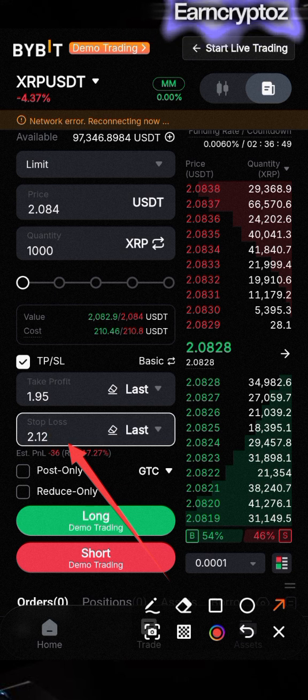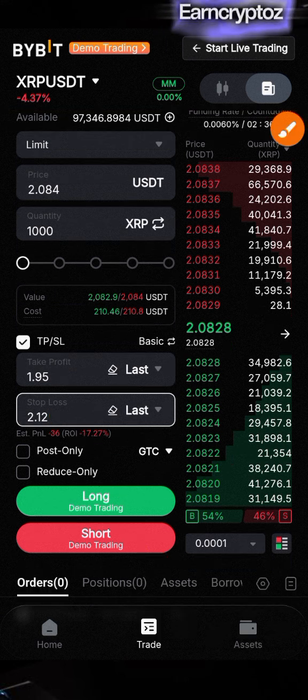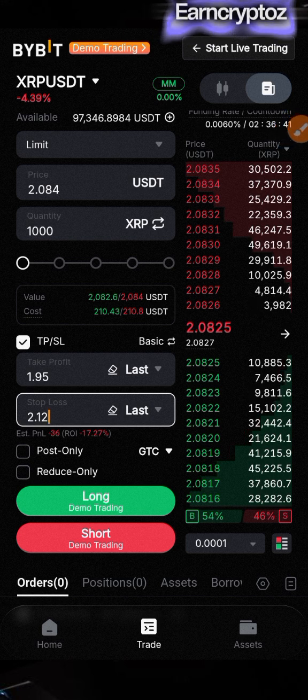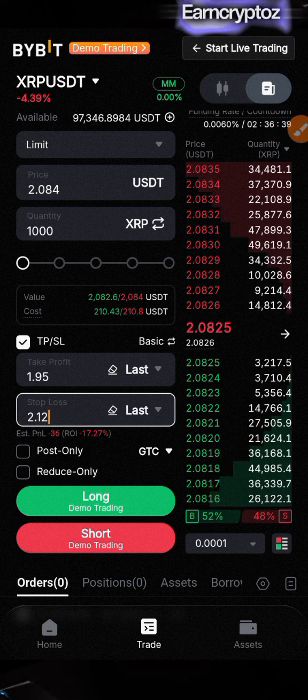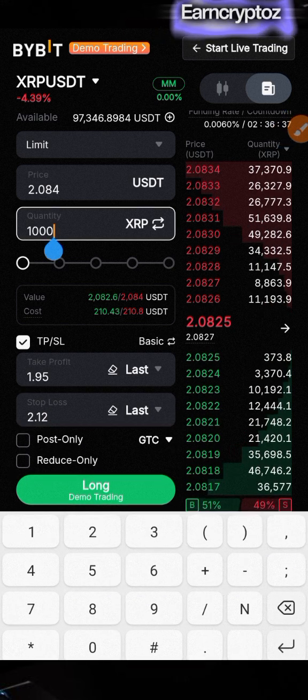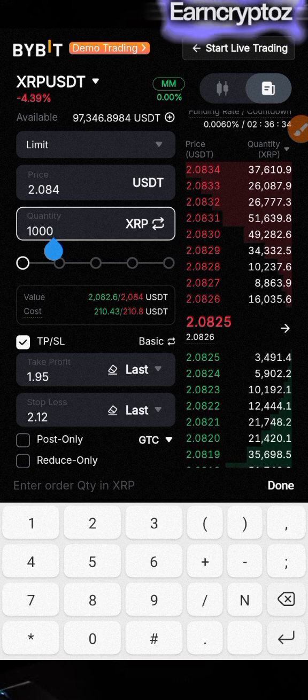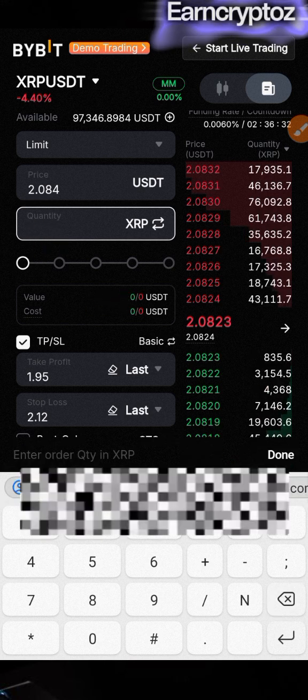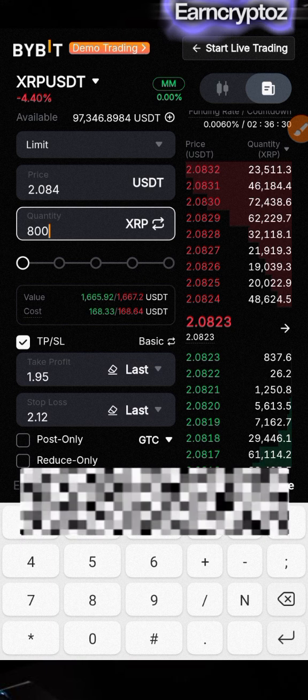So what you can do is to reduce the amount, the quantity you are using. So let's say you just want to risk $20. So you have to reduce this quantity to the amount that will allow you to risk just $20.